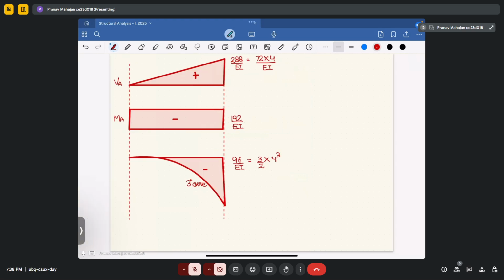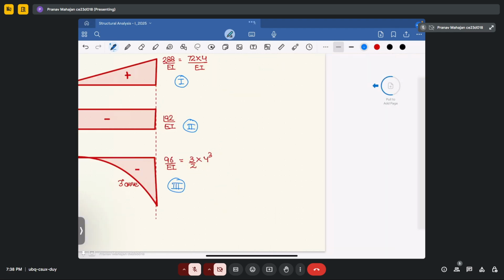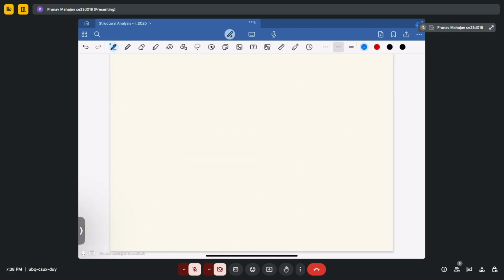So for the deflection at point B, let's say this is 1, this is 2, this is 3. Your deflection at point B with respect to A will be equal to deflection of B minus deflection of A. Since deflection at A is equal to 0, this will give you deflection at B as the moment of area between A and B divided by EI.